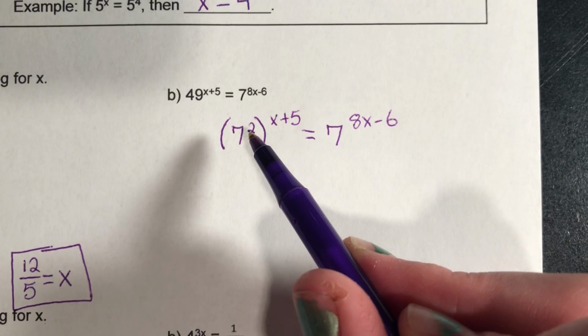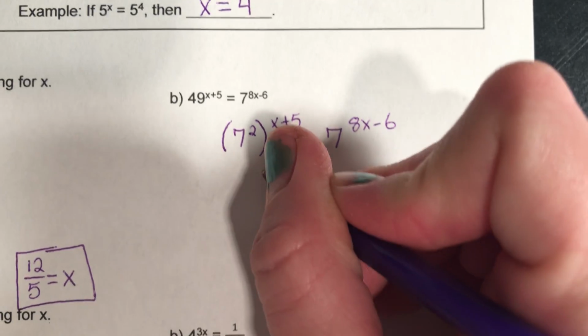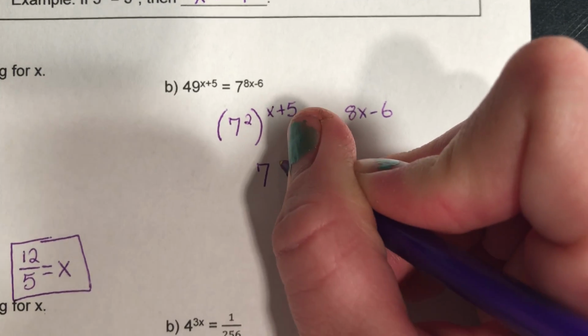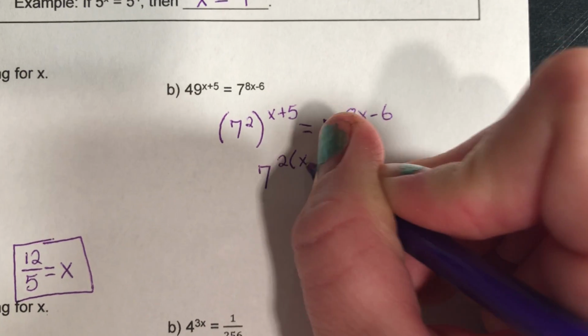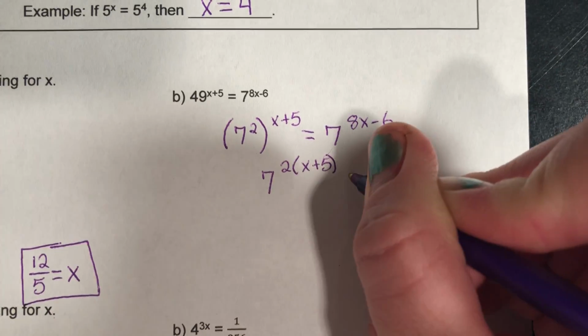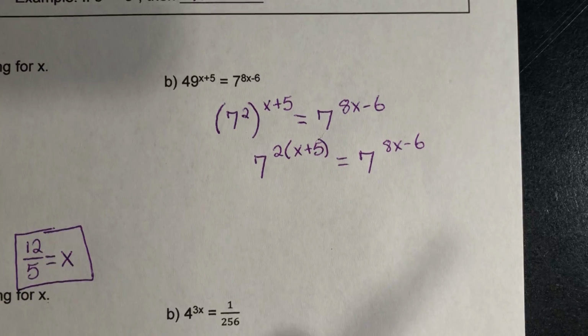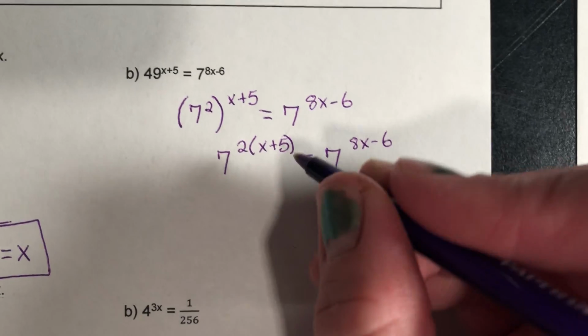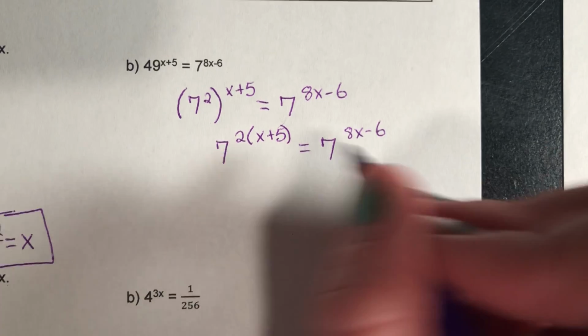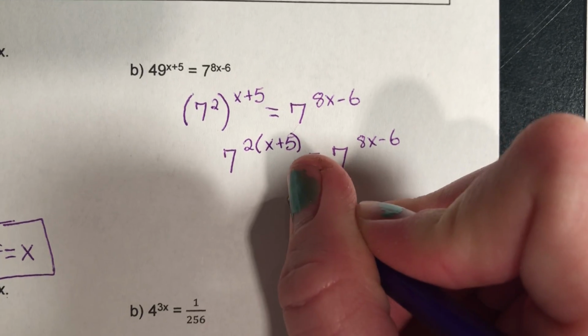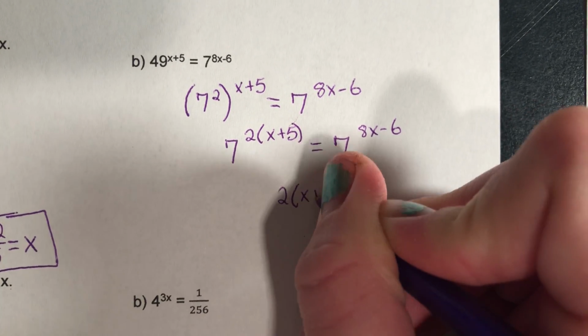Again, I have this in parentheses. That matters. So I'm going to take out the parentheses now. 7 to the 2 times x plus 5 power equals 7 to the 8x minus 6 power. All right. Now that we have the same base, I can get rid of the base and set the exponents equal to each other.